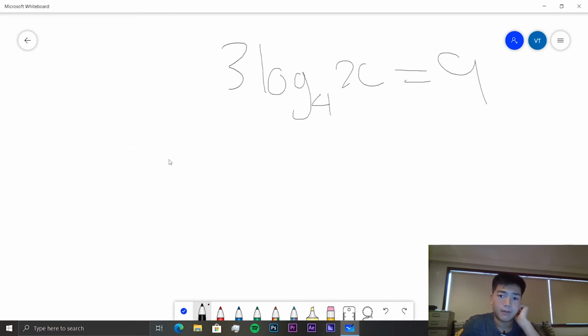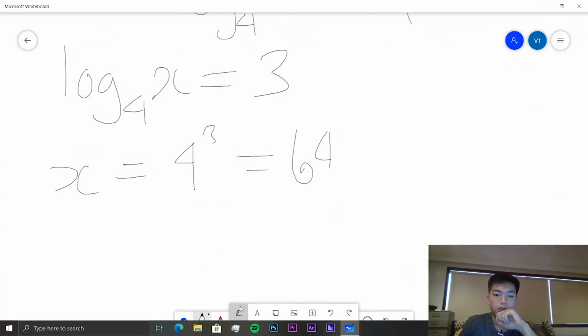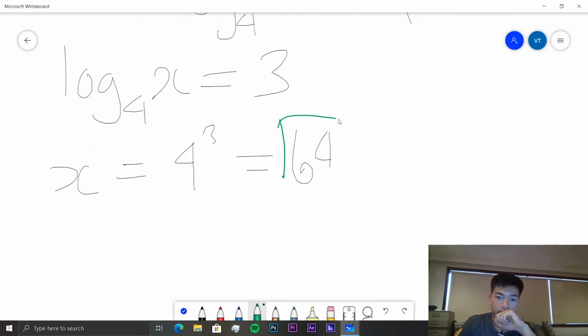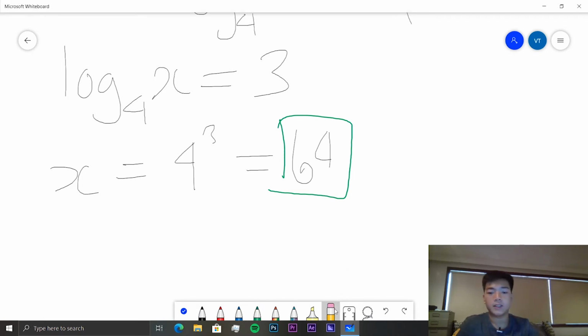So we have log_4 x is equal to 3. So x is equal to 4 to the power of 3, which is 64. Yep, x equals 64, that's correct. Okay, next one.